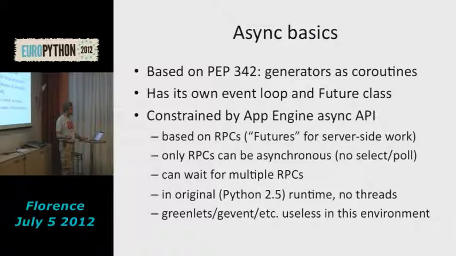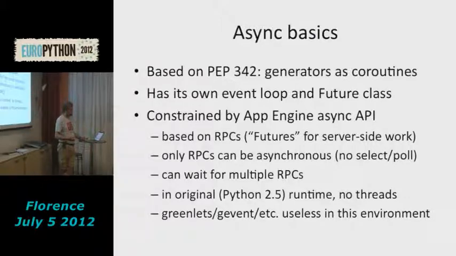In the asynchronous case, it's exactly the same. You tell the data store, here's a key, please go get me the corresponding value. And then you get an RPC object, a future essentially, that represents that operation that the data store is now working on independently from your application, and you can go on.